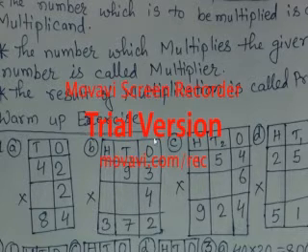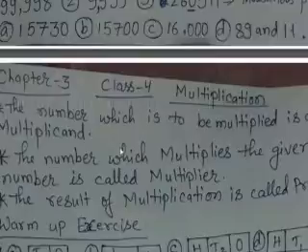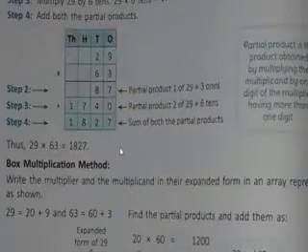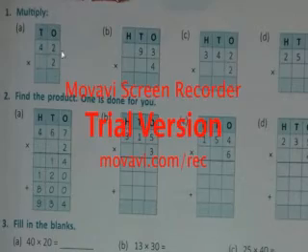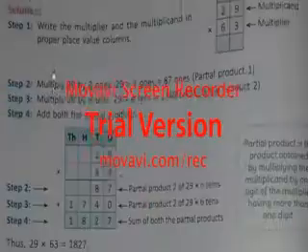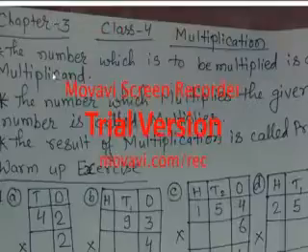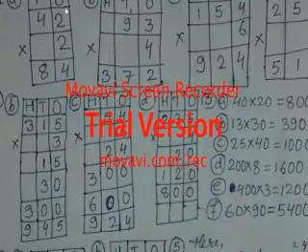Now the warm up exercise. There are a few questions given in the warm up exercise. You have to multiply. This is tens and ones, 42 into 2. You can see I used the short method. So 2 2 is 4, 4 2 is 8. In the same way 93 into 4.